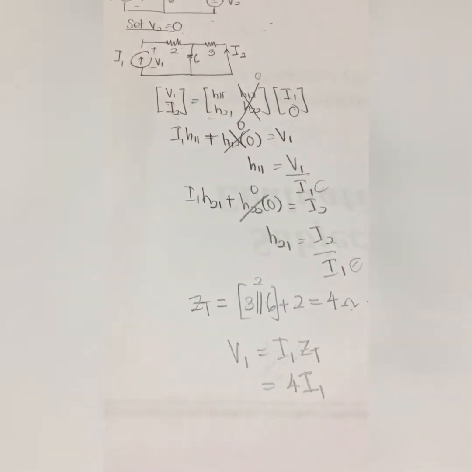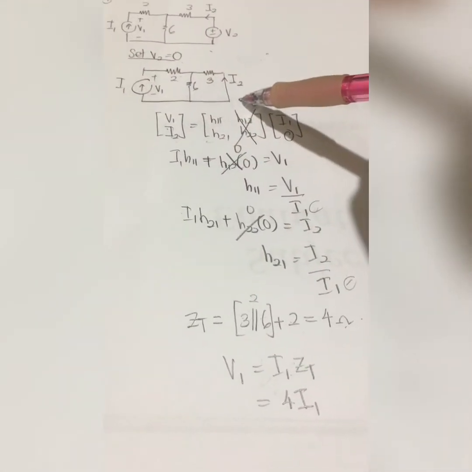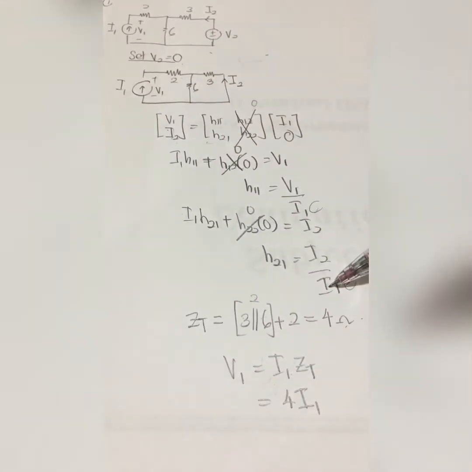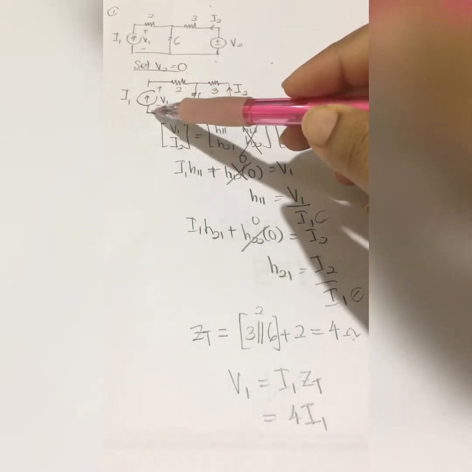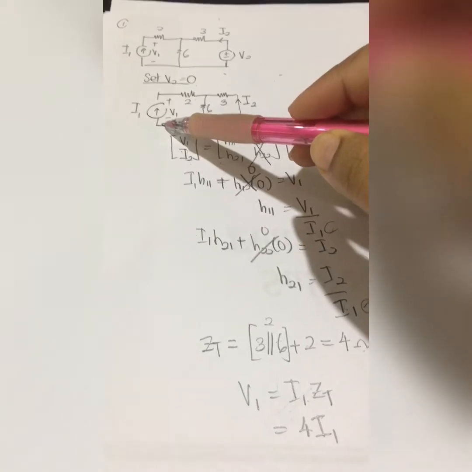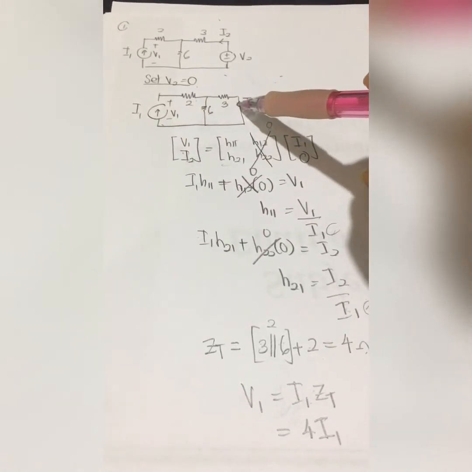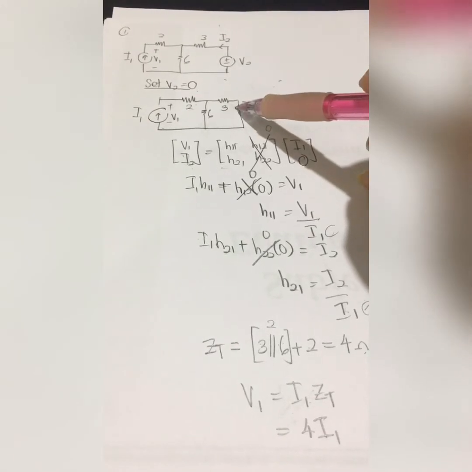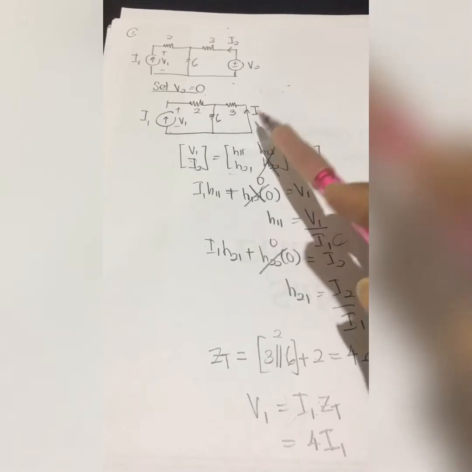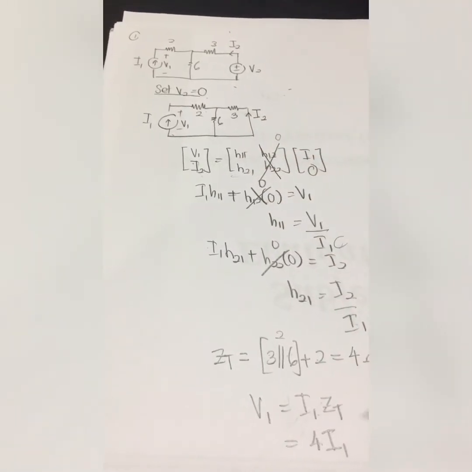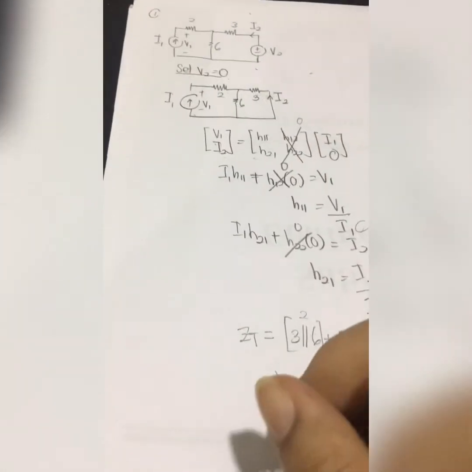Okay. So next, to calculate I2 in terms of I1 to get H21, we can actually use current divider rules, CDR, to calculate current flow at this branch. But I2 will be the opposite value of current flow here.